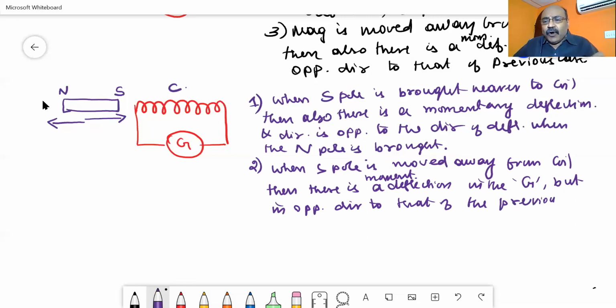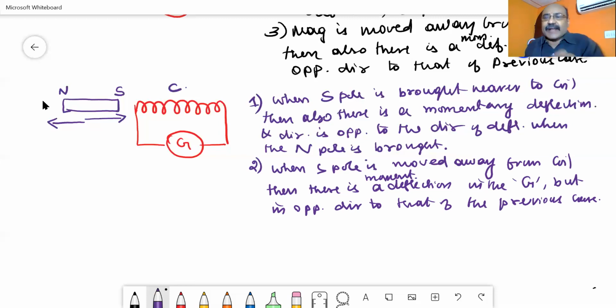In both of the experiments, after moving, if the magnet or the coil is kept stationary, then there won't be any deflection in the galvanometer.